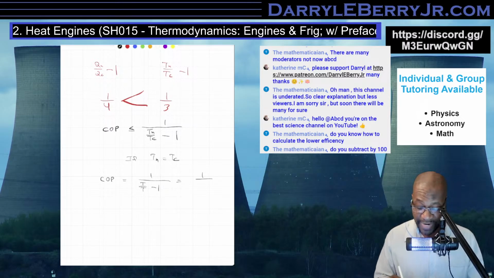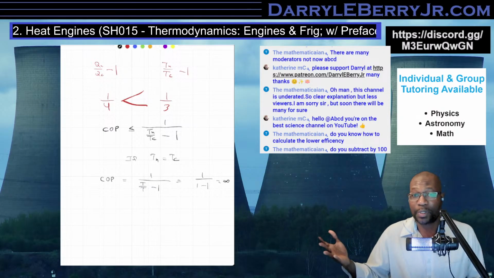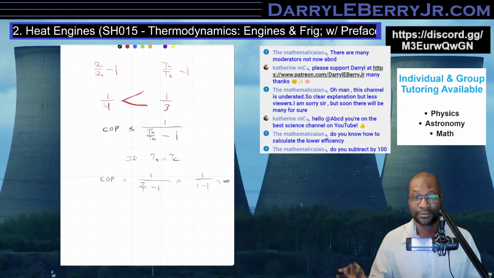So it's going to be 1 divided by 1 minus 1. So it's going to be infinity, because 1 divided by 0 is infinity. So that means at the same temperature, that thing is going to be extremely efficient because it doesn't have to do any work, which is why it turns off, right?